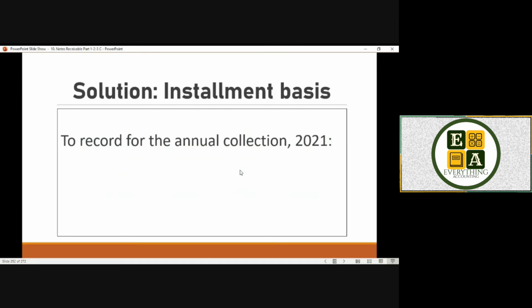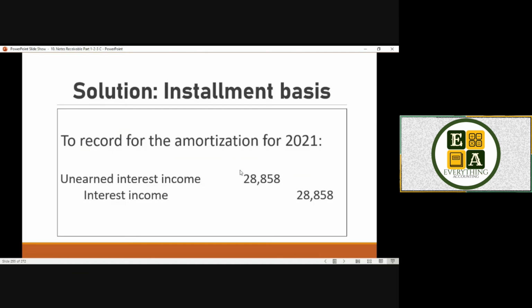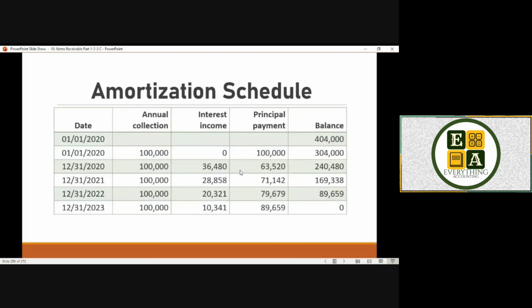Record annual collection on 2021, debit cash, credit notes receivable, 100,000. For 2021, amortization, debit unearned interest income and credit interest income for 28,858. Again, the basis is the amortization schedule.